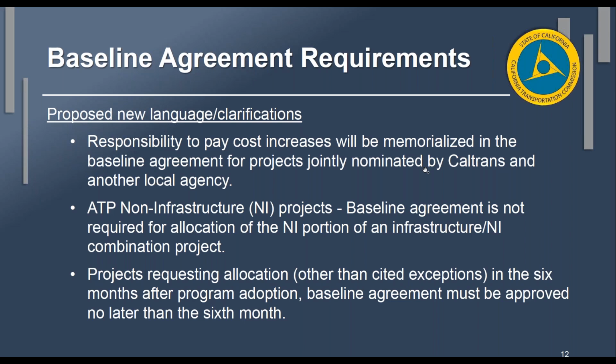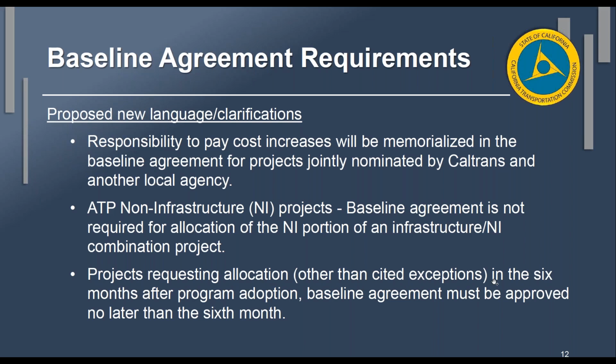doesn't have date specific. And I know for cycle 2 in the program adoptions, there was some resolution language that indicated when baselines would be required after we do the full program adoptions. And so what I was trying to reflect here is after we do a program adoption, and the project wants to come in either for that first month for allocation or within 6 months, that the baseline agreement, you would have 6 months to do your baseline agreement even though you got your allocation sooner than that.